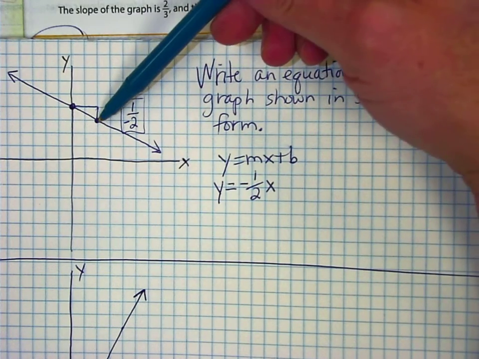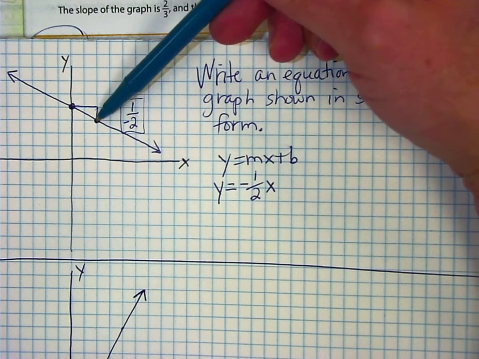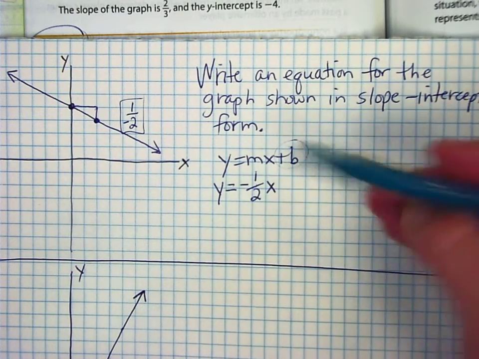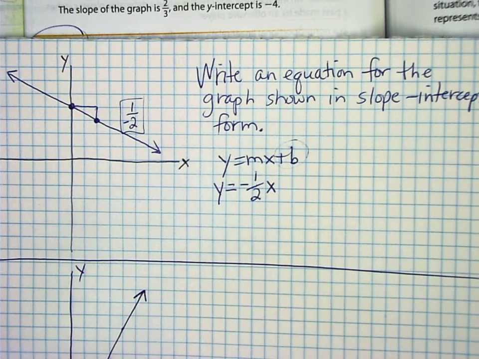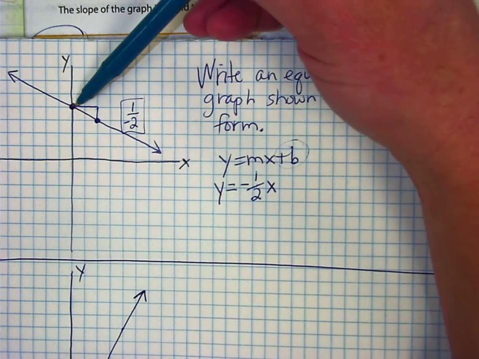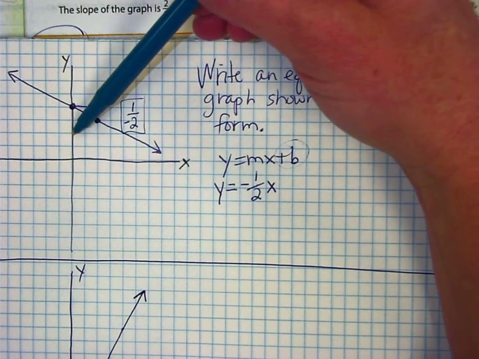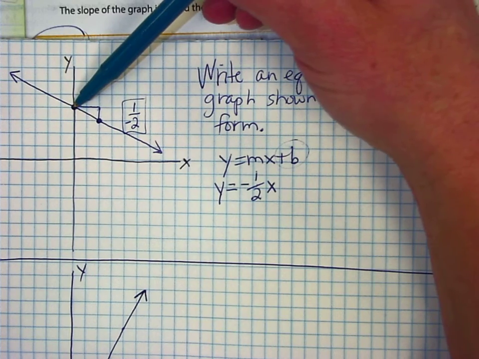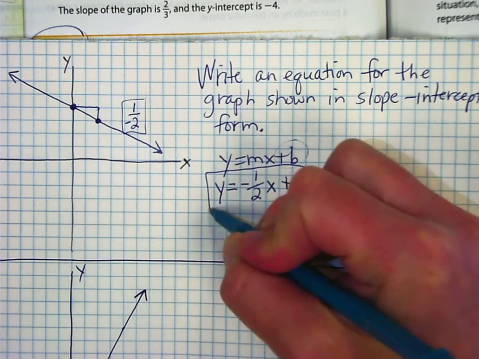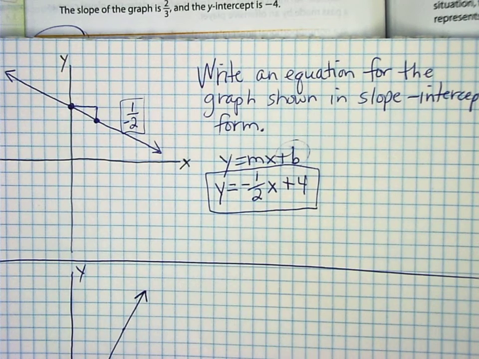First I find 2 points that land on my line and I find the slope, rise and run. That goes here. Now remember, your y-intercept is where the line crosses the y-axis, and that number goes here. So this line is crossing the y-axis at 1, 2, 3, 4, +4. So +4 is my y-intercept. And we have this equation in slope-intercept form.